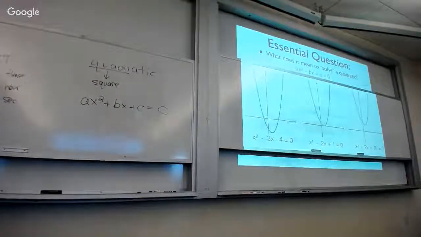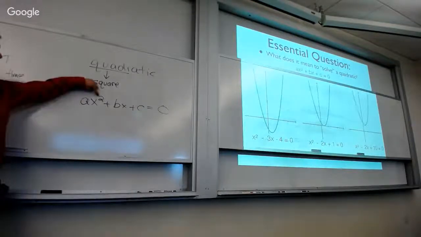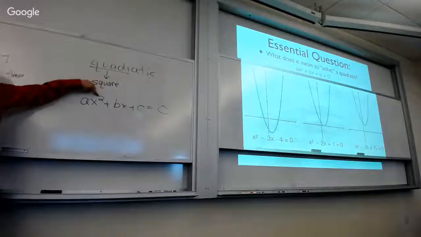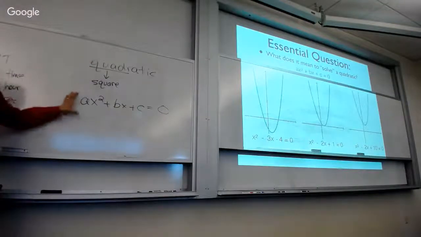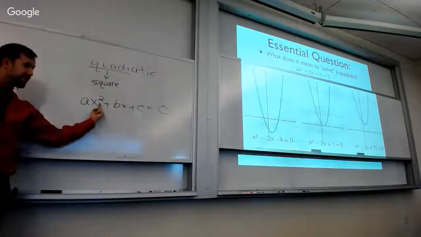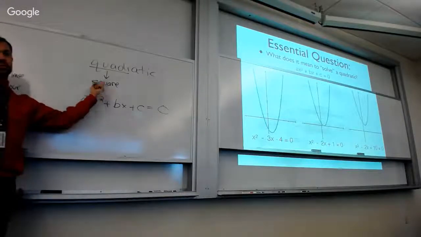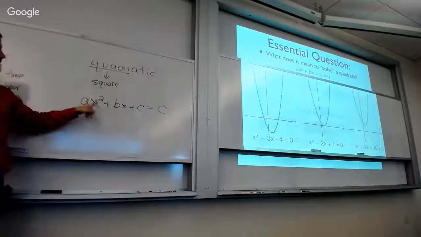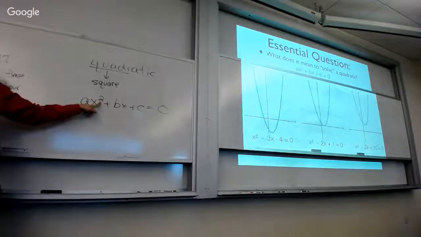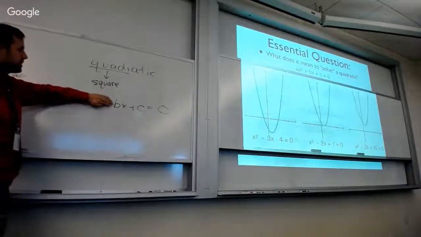Where's the square? Yeah, the exponent on the x. That's what makes it quadratic. So we call this thing a quadratic function because of the fact that it has an x squared term, and the root word for square is quadra. So we call this quadratic because they're talking about the fact that there's an x squared. If I take away the x squared term, what am I left with?